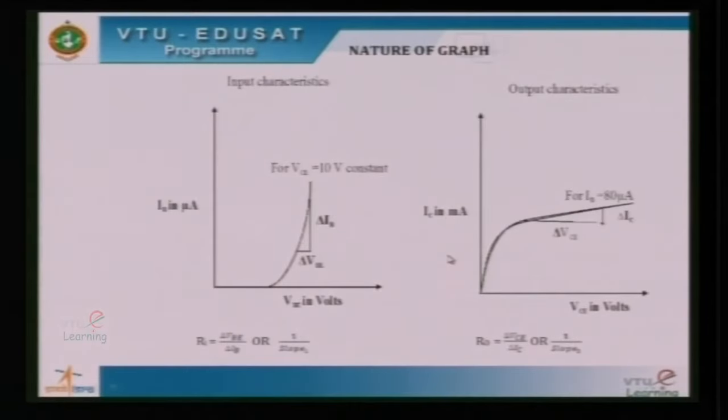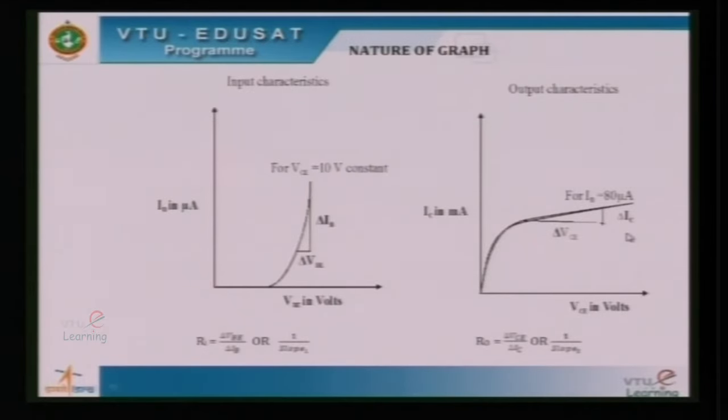Output characteristic curves are plotted between the collector current IC and VCE, which shows the variation initially for small voltages, large variation in the current, in the later stages very small variation in the current value, which ensures the saturation region of the transistor, where actually the transistor can be used as an amplifier.